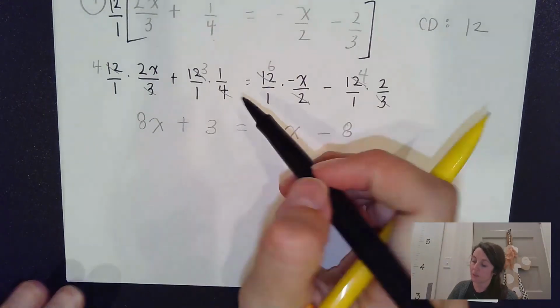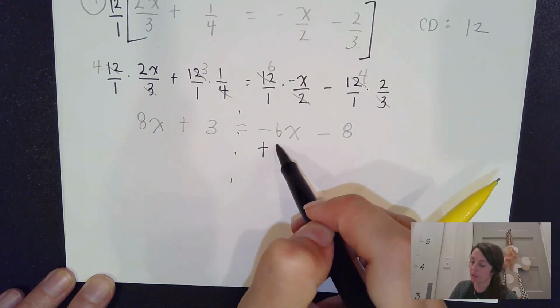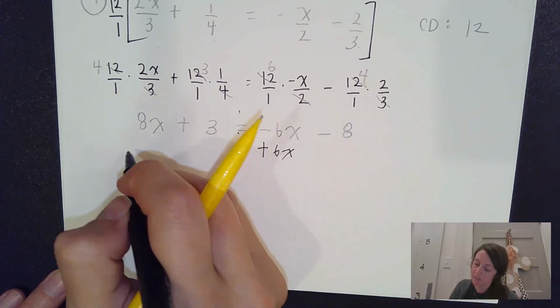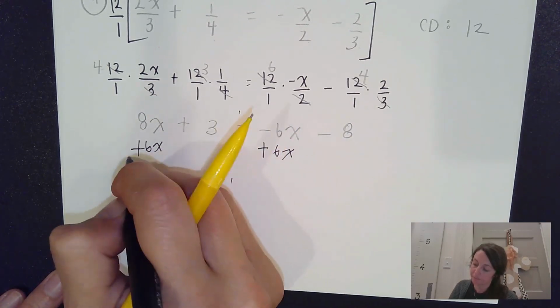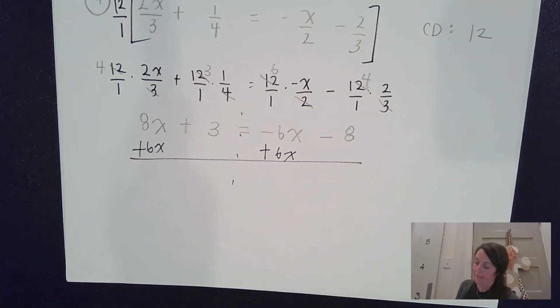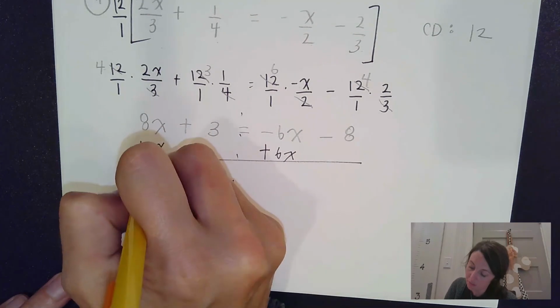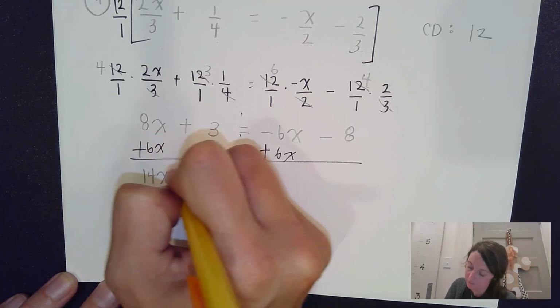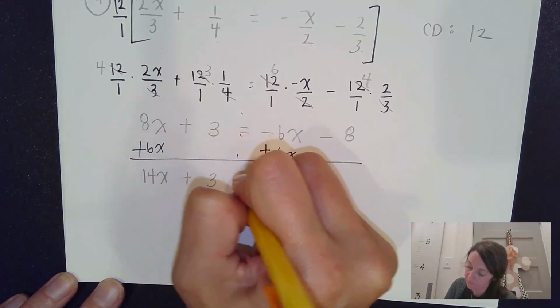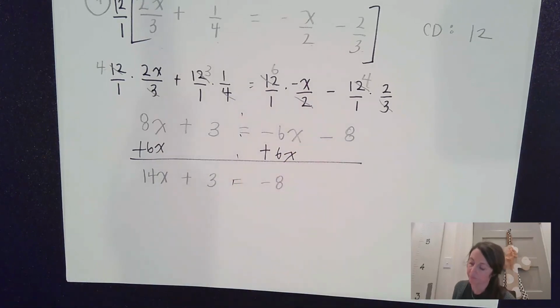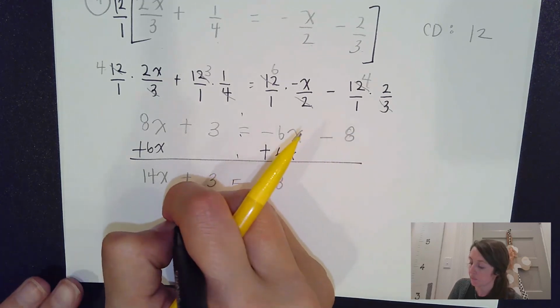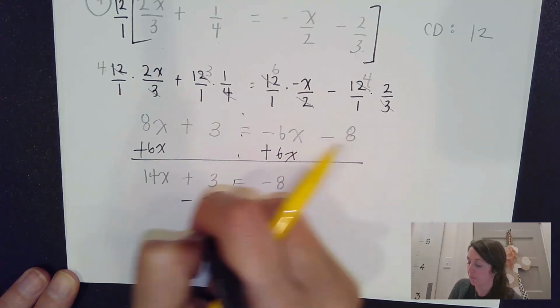Now I'll combine like terms on opposite sides, so I am going to add my 6x here. So I'll have 8x plus a 6x, which is going to be a 14x. Subtract my 3.